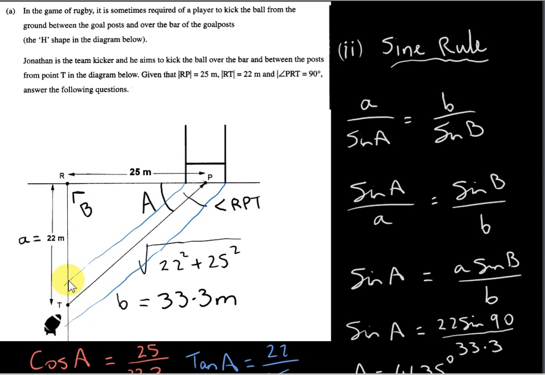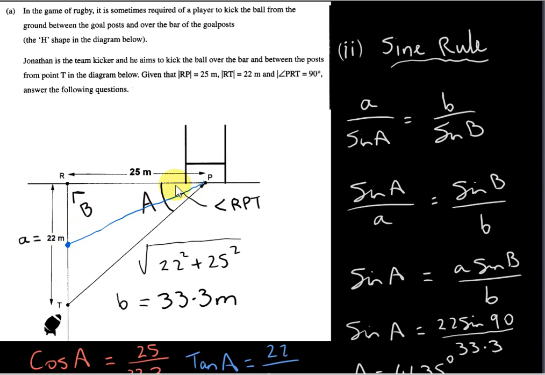If he kicks it from T, he's got this much distance to play with. I just projected a line from the foot of this goal post parallel to the line joining T to the center of the goal mouth. And similarly for the foot of this goal post here, he's got this much to play with, if he's going to face the goal mouth as well as he can.